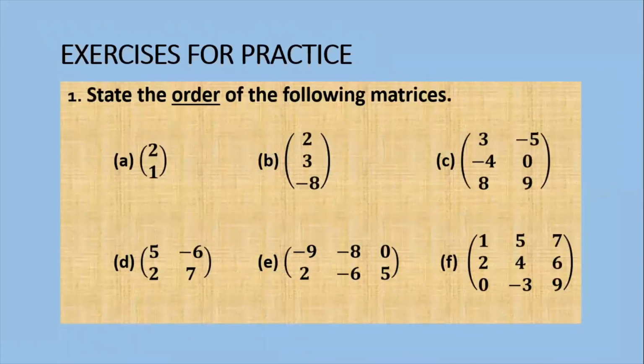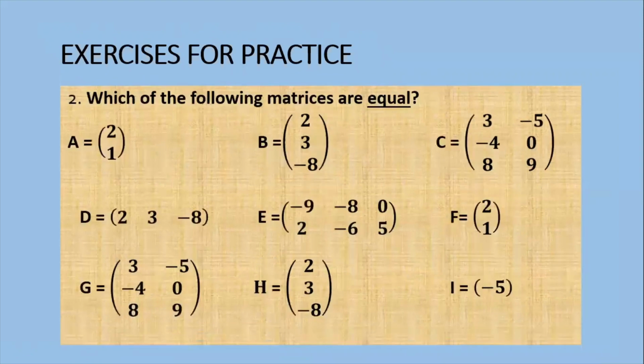Right, now a few exercises for you to practice. Number 1, state the order of the following matrices. Remember, the order of a matrix, it's always row times column. Second one, which of the following matrices are equal? We've said that for two matrices to be equal, the corresponding elements are the same and the order is the same.